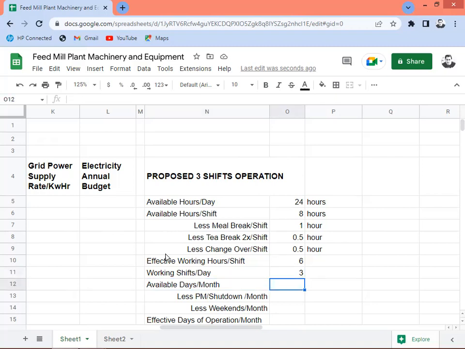Okay, first I'm gonna put here the shift hours. Okay, 6 hours. And then for the working shift, it is 3 shifts per day, right?